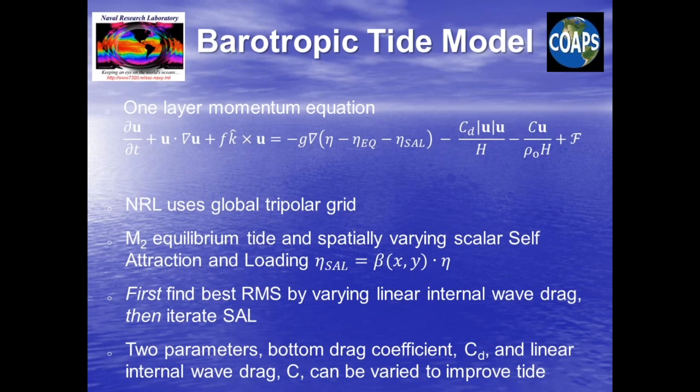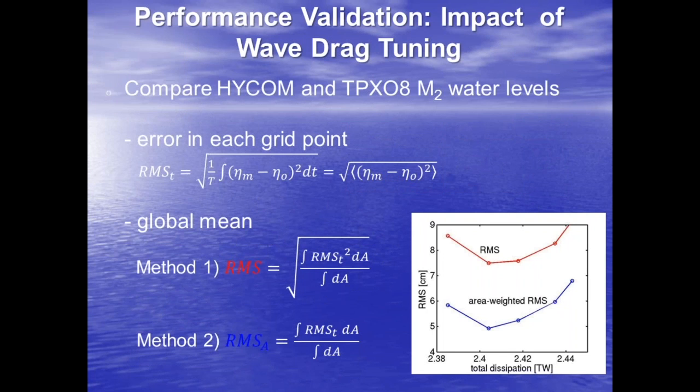But we can vary these things to try to improve the accuracy of the tide. And that's where my boxes went, sorry. Okay, so I can tune these things, and then I look at the difference between some truth.